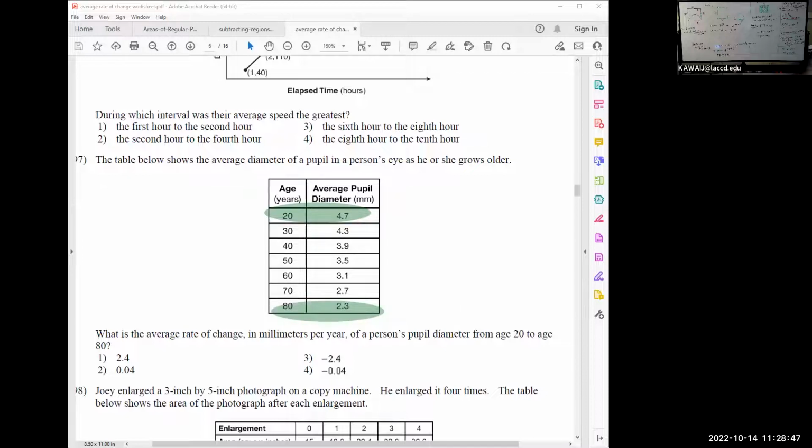So this one over here will be your x2, y2, because they're the bigger numbers, and this one over here will be your x1, y1. It doesn't really matter whether you made this one x1, y1 or this one x2, y2, you'd still get the same answer. So even though they give you a table, check for what the starting value is and what the ending value is, and they want the slope in between those 2 points.